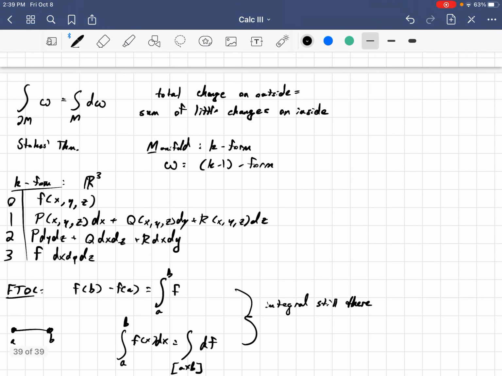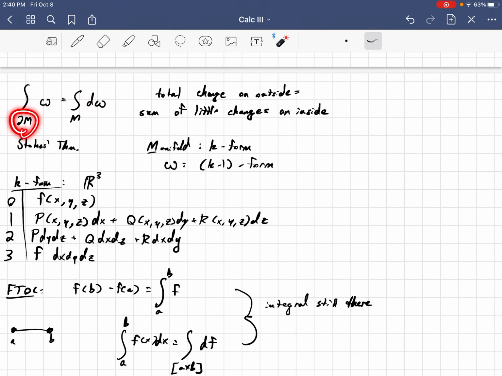What has changed from Stokes' theorem on the left side and on the right side? We still have an integral, but the thing that's changing is we have the boundary of our manifold and our k minus 1 form and the derivative of our k minus 1 form.